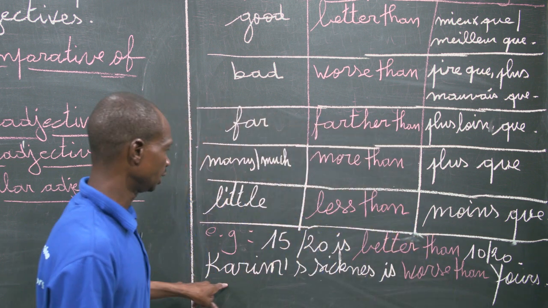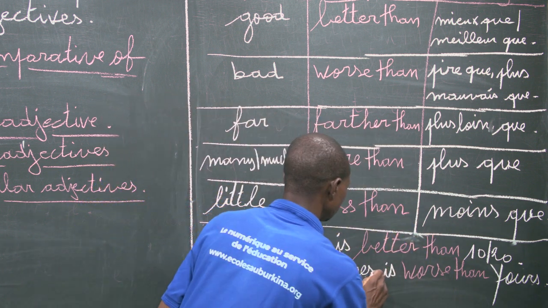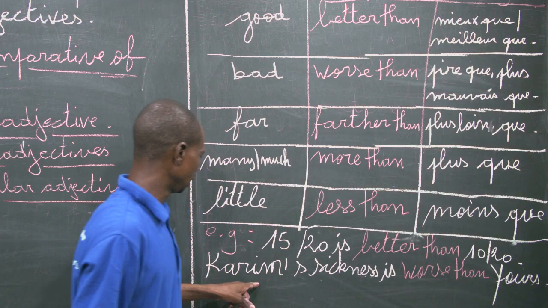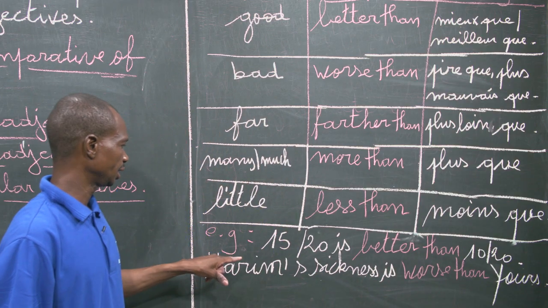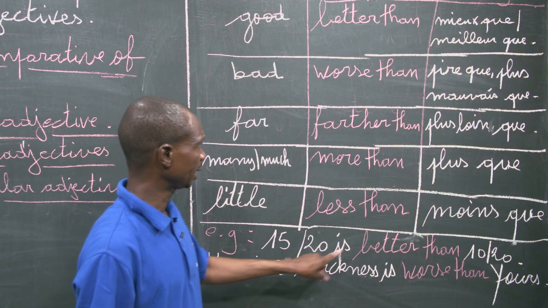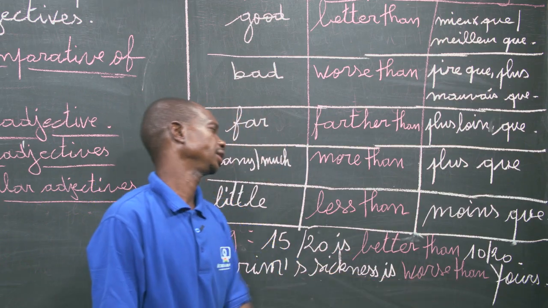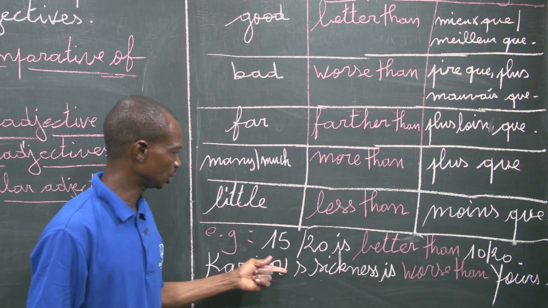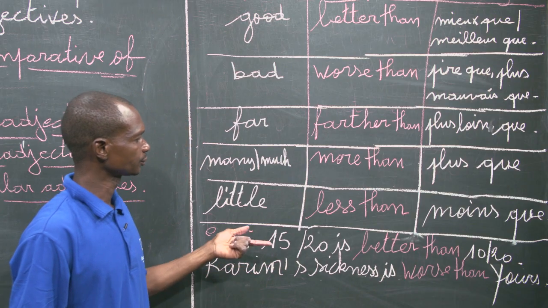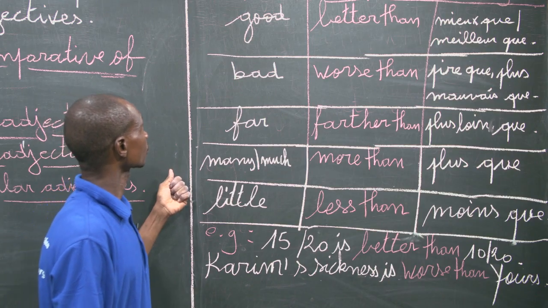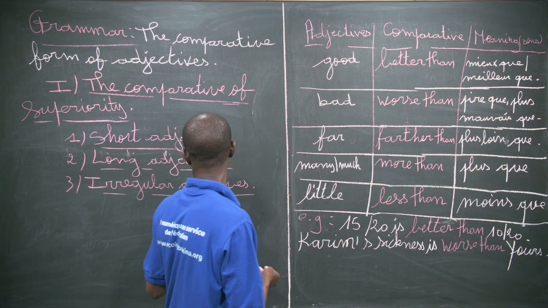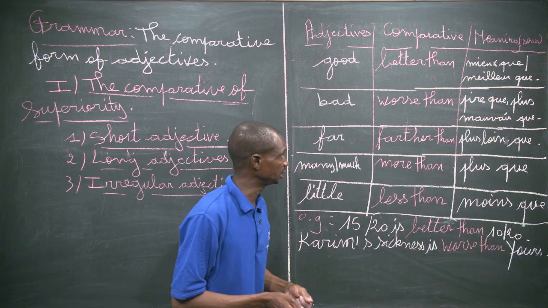Meaning in French, la maladie de Karim est pire que la tienne. Okay, these are two examples with the use of the comparative with the irregular adjectives.